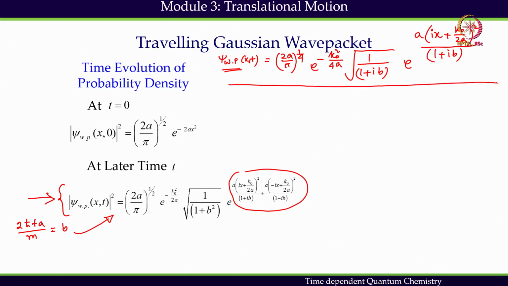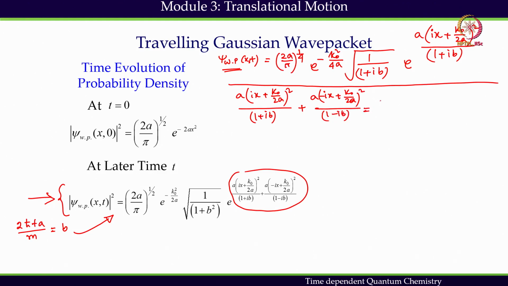This a (i x plus k naught by 2a) whole square by 1 plus ib plus a (minus i x plus k naught by 2a) whole square by 1 minus ib will be simplified as follows.